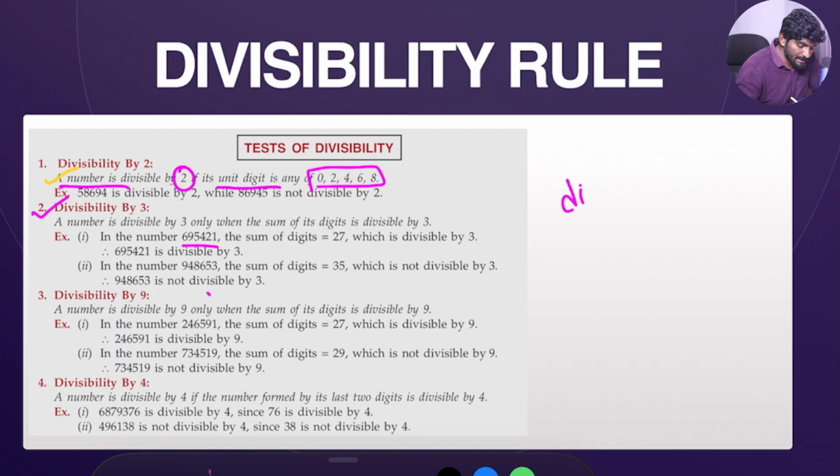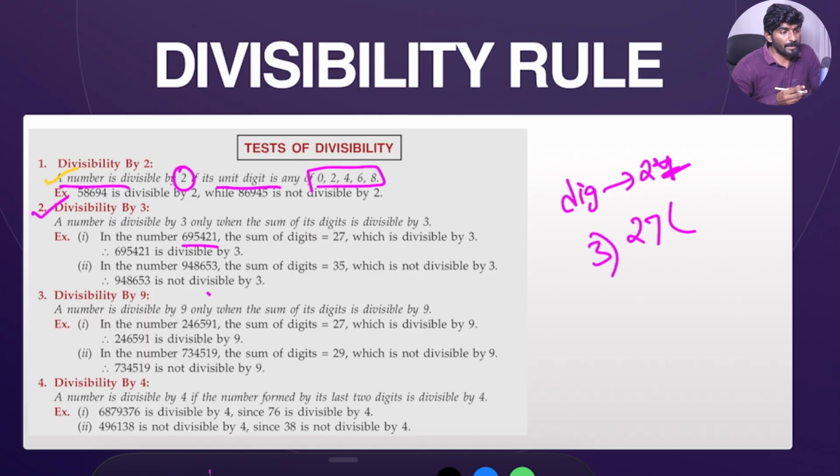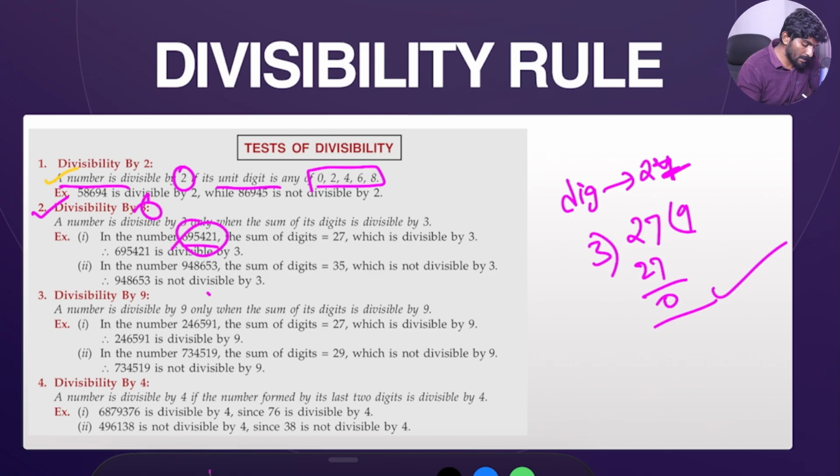The digital sum is 27. It is easy to check whether 27 is divisible by 3 or not: 3 nines are 27. Sufficient. So this number is divisible by 3.